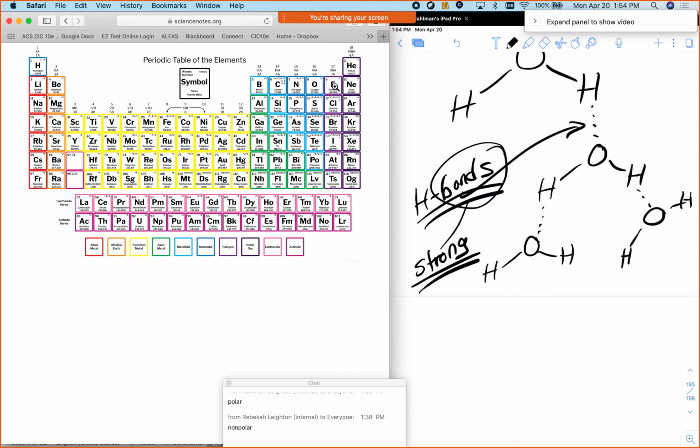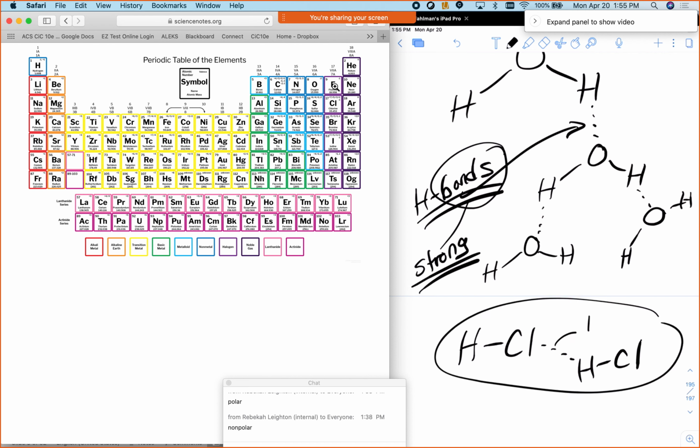In other words, for you to break apart water molecules takes a lot of heat. It takes a lot more heat than it would take to break apart these, for instance. So this is just a dipole-dipole.